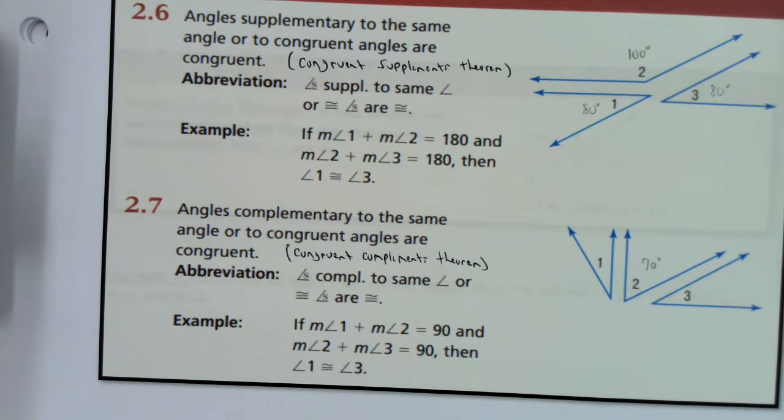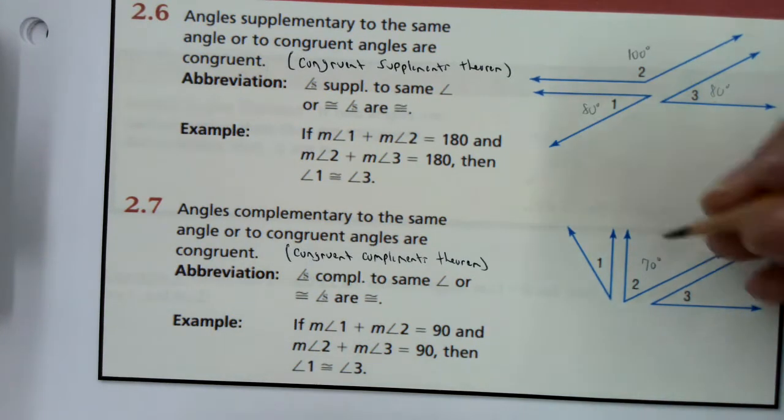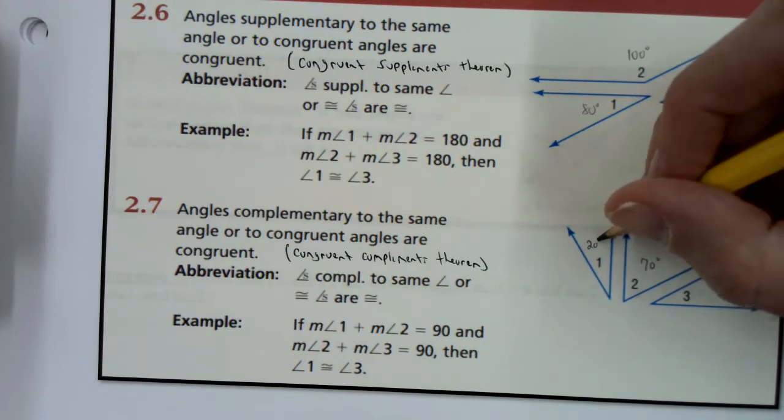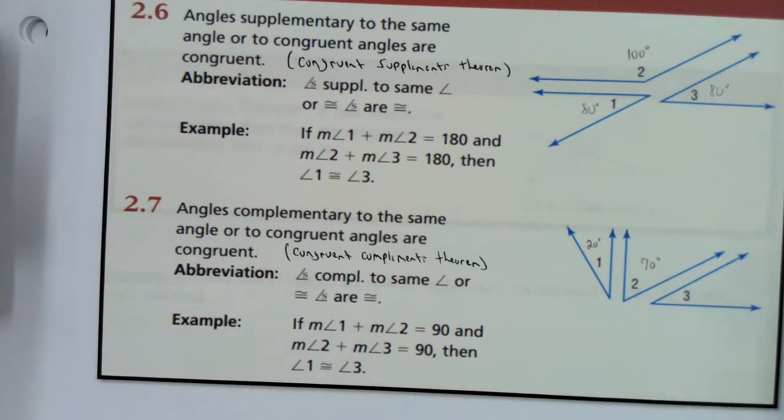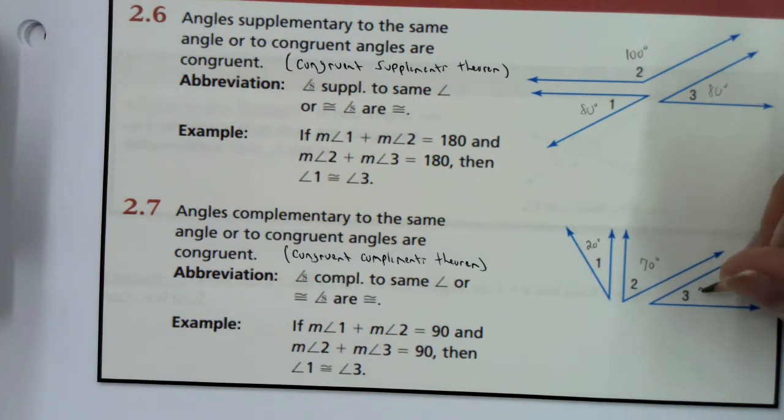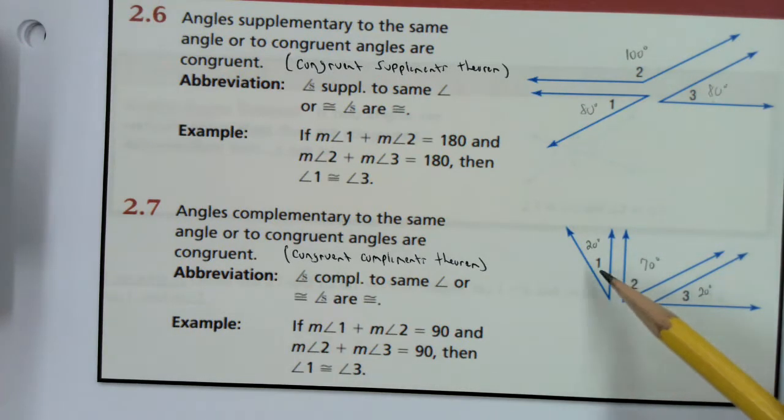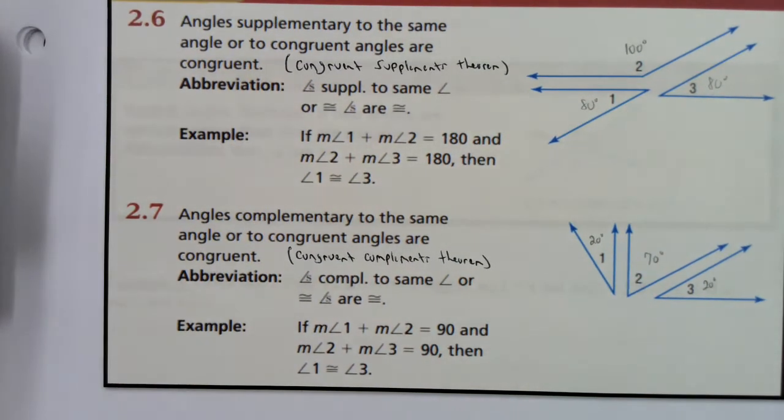If I say angle 1 is complementary to it, then angle 1 has to be 20. This 20 plus 70 is 90. And if I say angle 3 is also complementary to angle 2, then angle 3 has to be 20. So you'll see 3 and 1 are the same. They're each 20 degrees. That's the Congruent Complements Theorem. And the one above is the Congruent Supplements Theorem. Okay? It makes sense when you think about it. Okay, on to the next page.